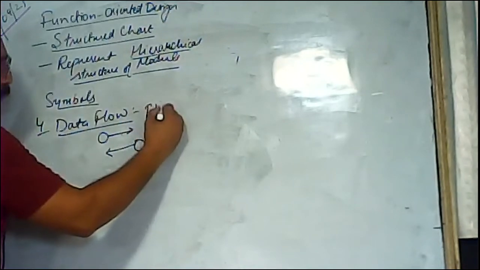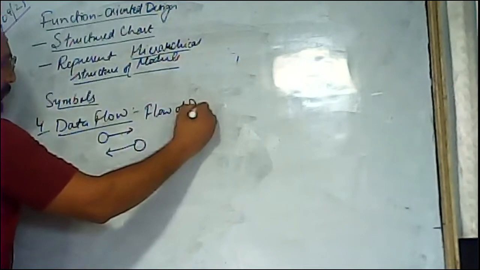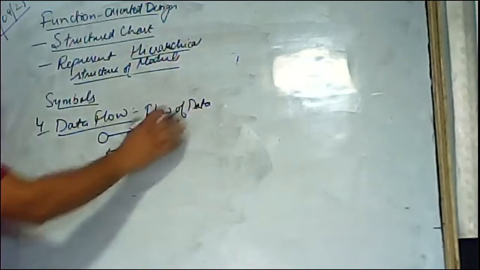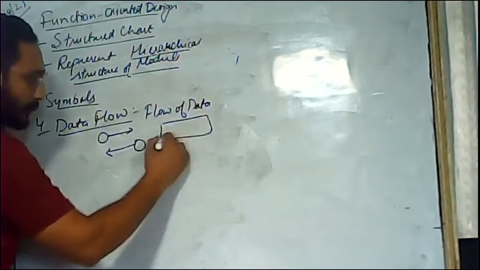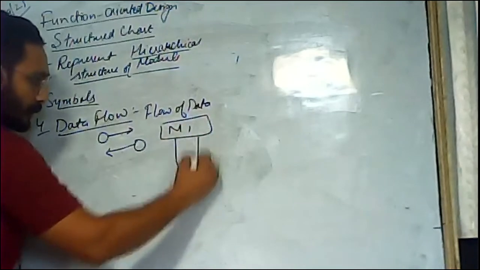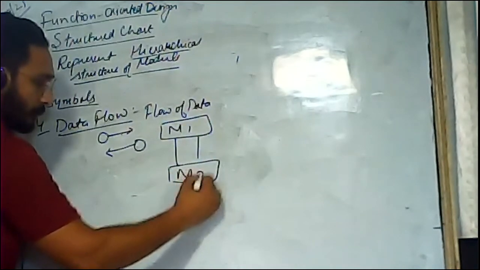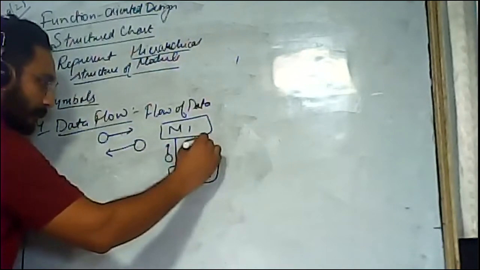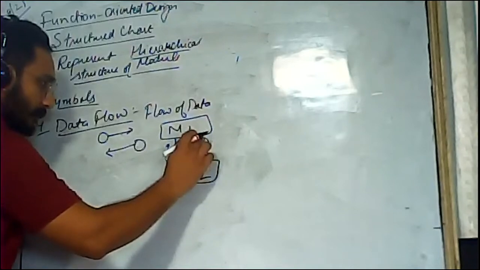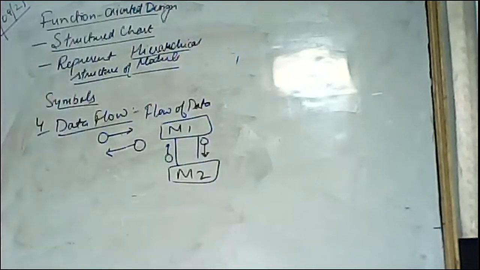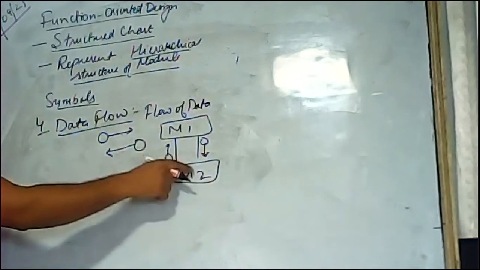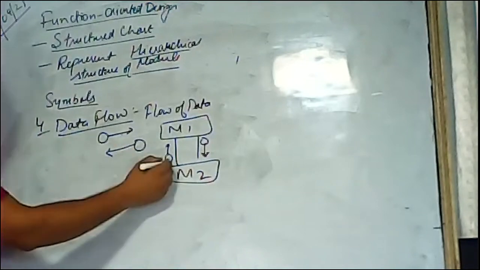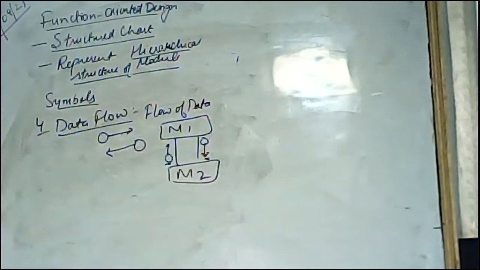This will show you the flow of data between different modules. Like here, this is module 1 and there is module 2. There is a flow of data between them, and that is represented with this symbol. Module 1 will give data to module 2, and module 2 will provide data to module 1. It is known with this symbol.